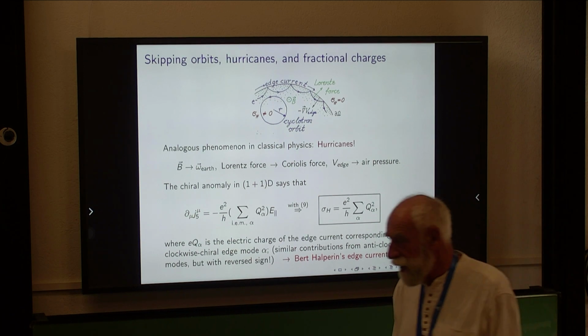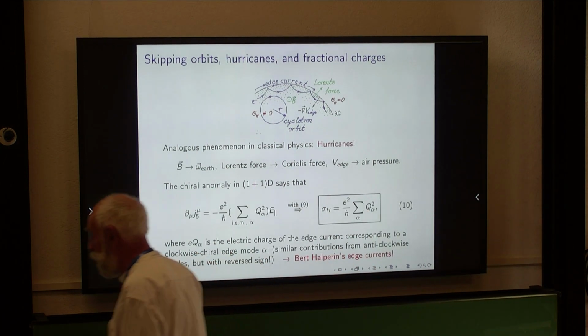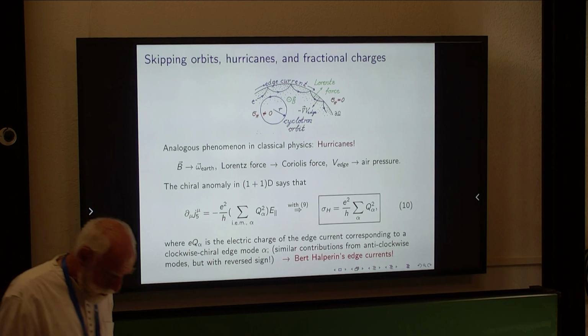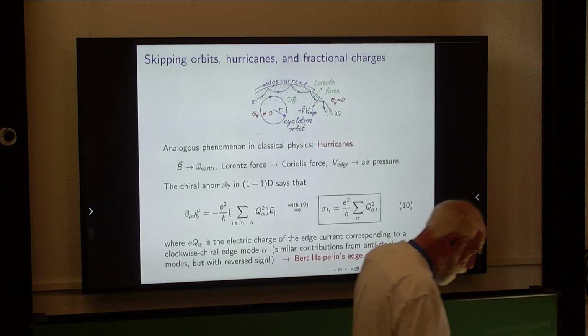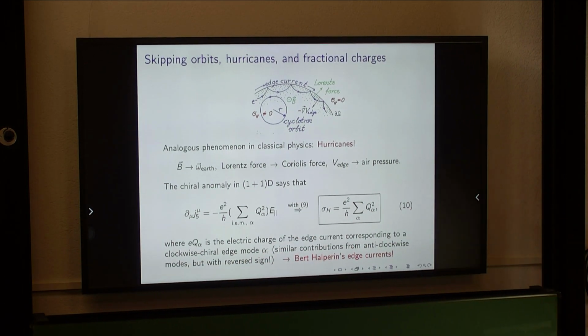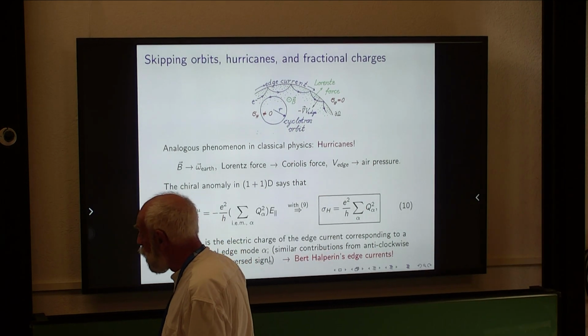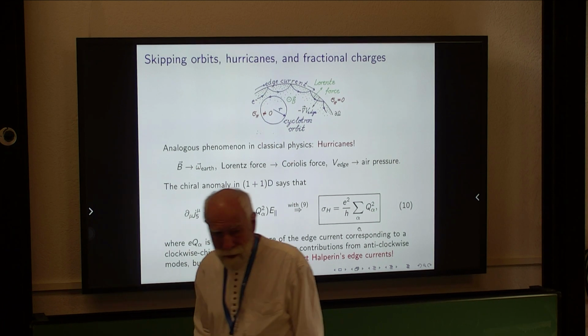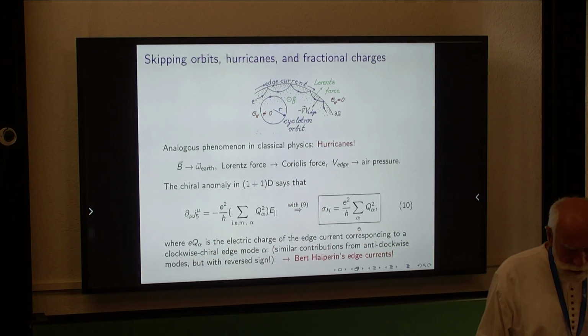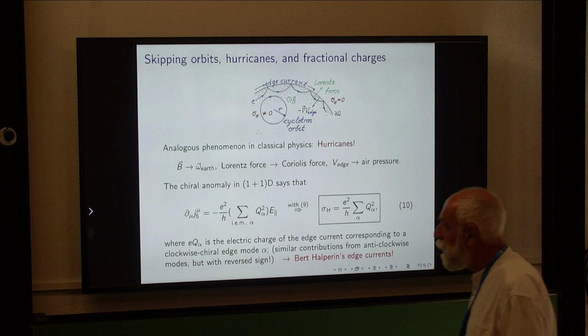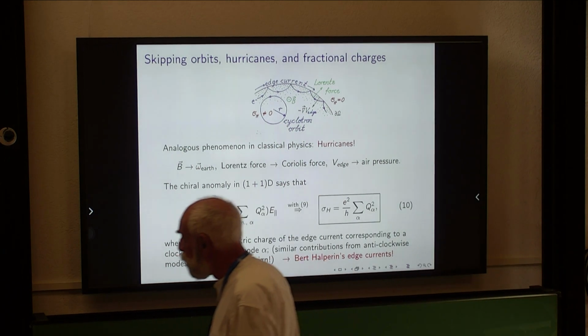It's actually not quite the charges of the quasi-particles, but the charge numbers that show how these edge currents couple to the electric field. So that's a formula for the Hall conductivity that we get simply by recalling the theory of the chiral anomaly. That's a nice formula.